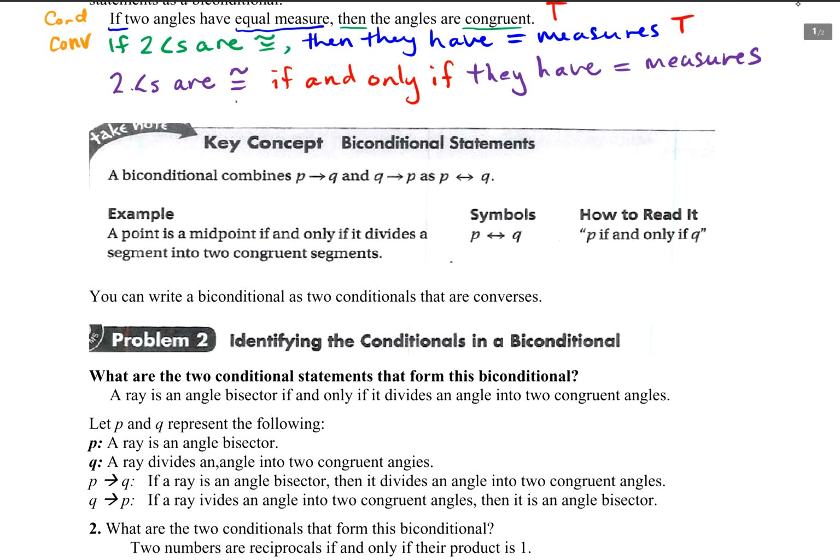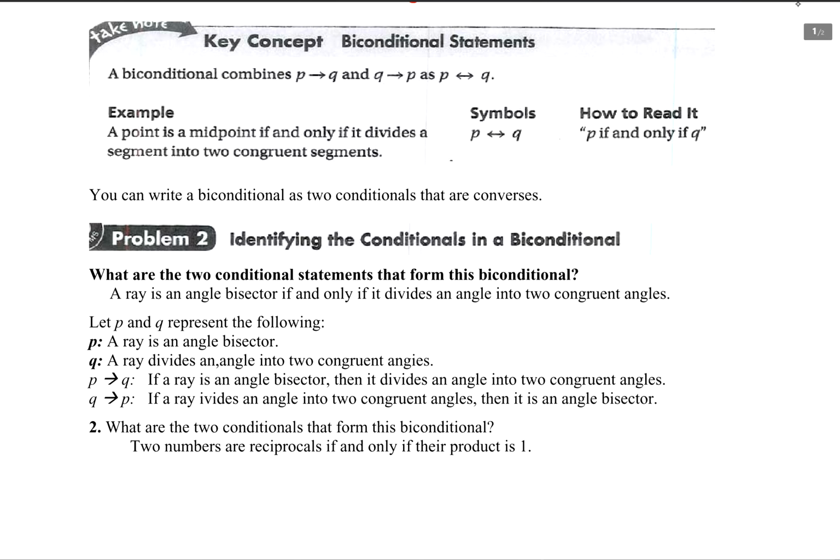So let's look at our key concept here. A biconditional combines, here's our conditional, here's our converse, and then look at our notation. This says if and only if, right? This says that it's true both directions.